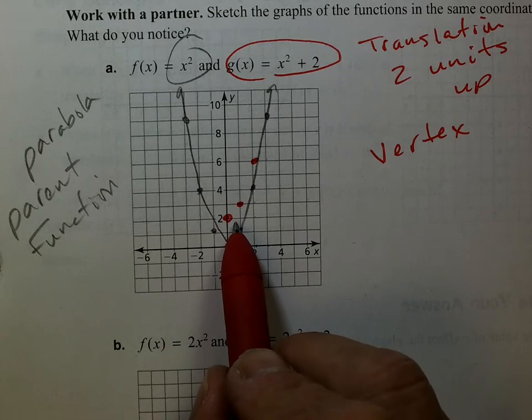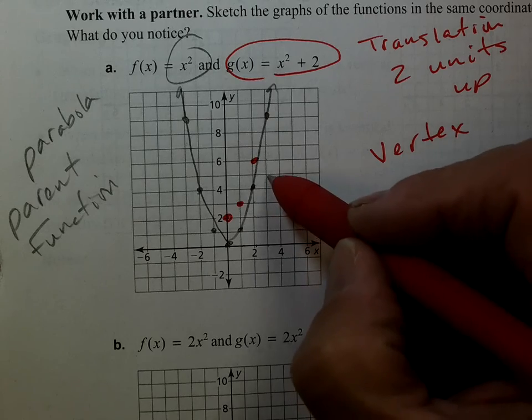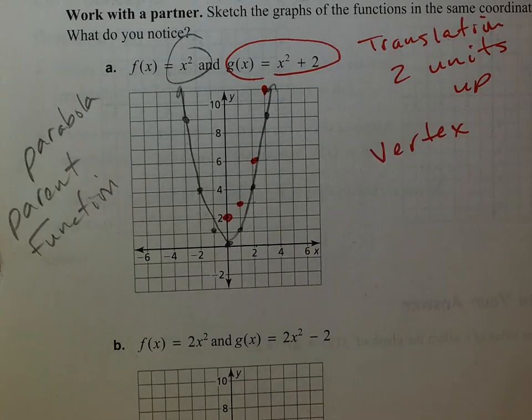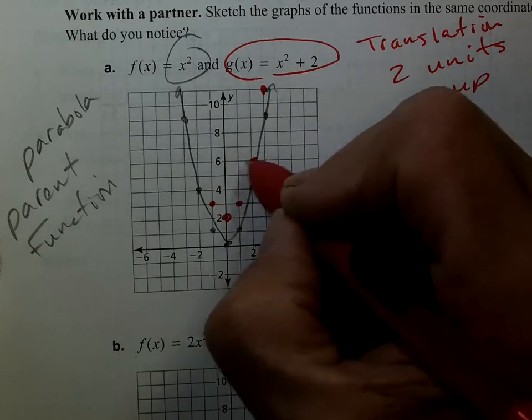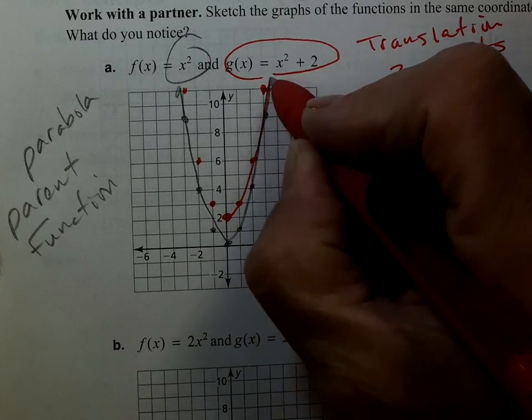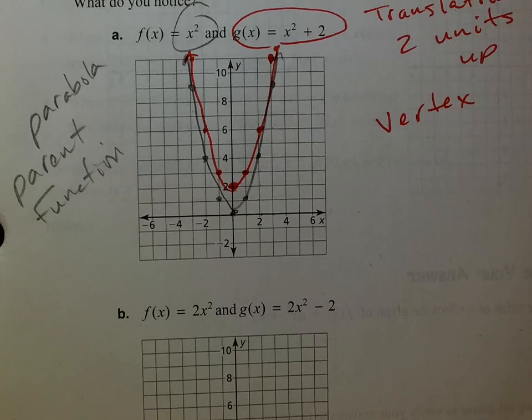From the vertex, we'll go over 1, 2, 3, and then 3 squared is 9. 1, 2, 3, 4, 5, 6, 7, 8, 9, right? And we know that it has points on the other side because it's symmetrical. We'll have a point here, and a point here, and a point here. So, there's my new graph. I just took my x squared and I translated it 2 units up.